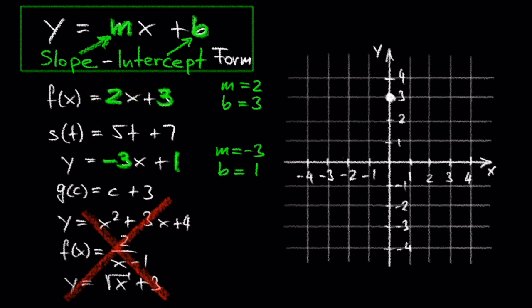A slope of 2 means that we go 1 unit to the right and 2 units up. By the way, we also call the 1 the run and the 2 the rise. Now we draw a line through these 2 points to plot the graph.